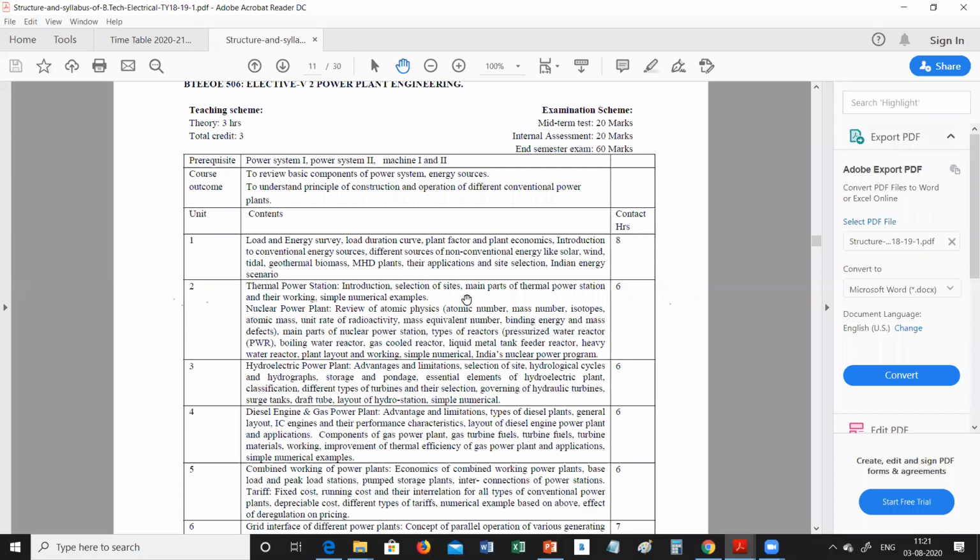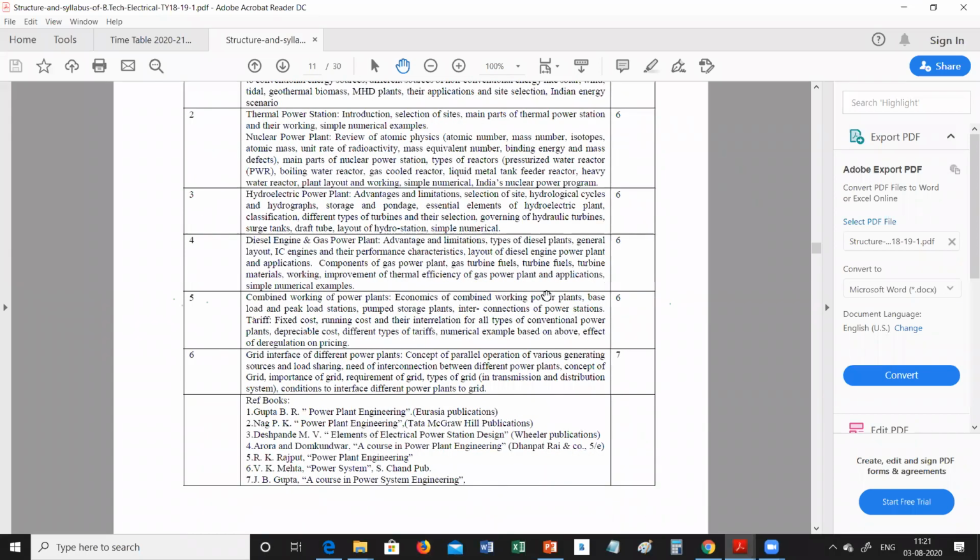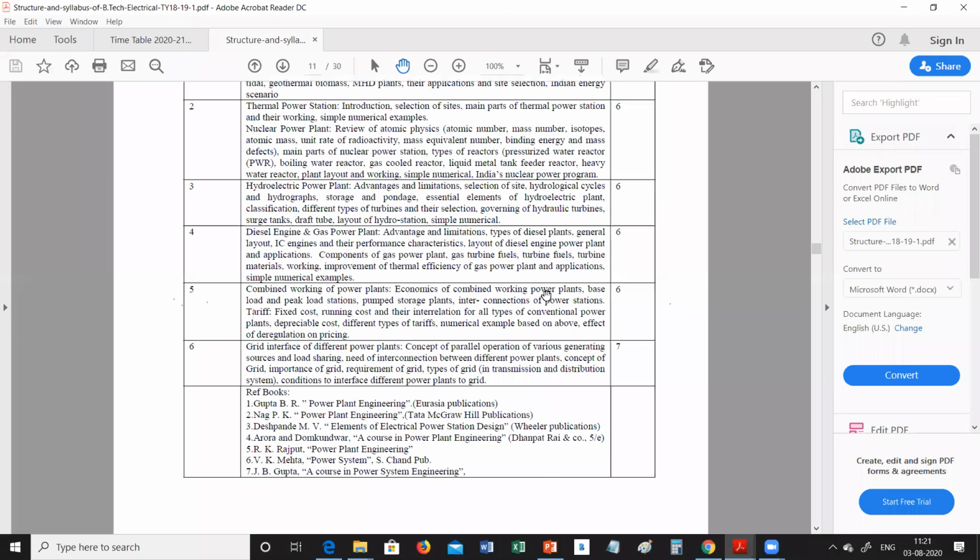We are aware that most of the time in nuclear power plants, the main constituent is uranium 235 or 237. There are also some reactors based on thorium, but they are not actually in use. The research is going on.